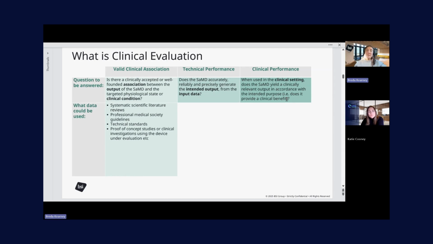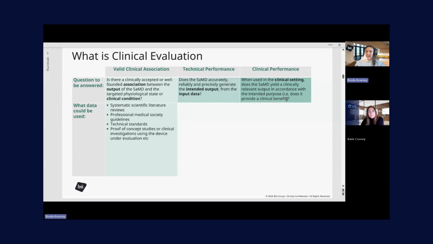So you're generating systematic literature reviews, looking at professional medical society guidelines, technical standards, or you might have proof of concept studies or clinical investigations from the device. And again, the whole point is you need to show whatever result is being reported, it's clinically relevant. So generally, literature reviews, medical guidelines, standards, and so on.